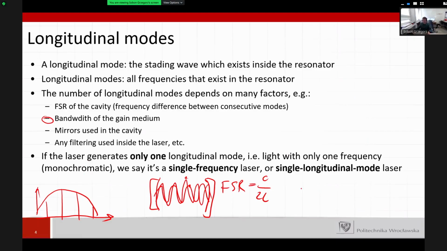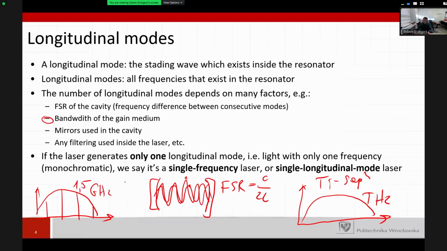On the other edge, we had the example of the titanium sapphire laser, of which the gain bandwidth was at the level of tens of terahertz, while in the helium neon, this was 1.5 gigahertz.